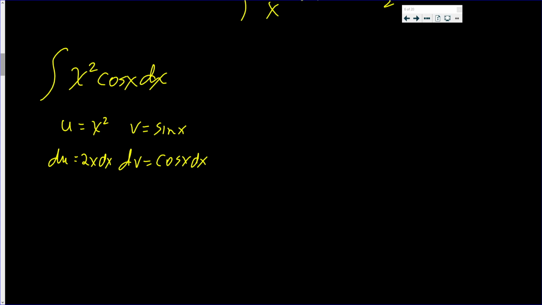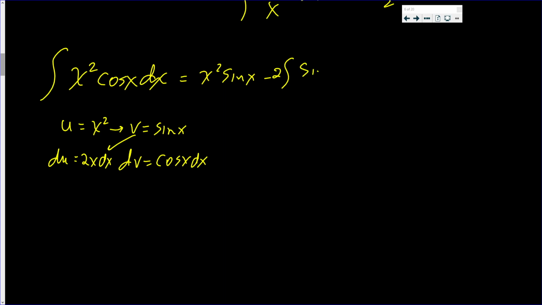Almost never do you need to worry about saying plus c. Once in a while, it will really be helpful to say plus 7. But for the most part, it's not going to come up. Okay, so this integral is equal to u times v, x squared sine x, minus the integral of v du. I'll pull out the 2.